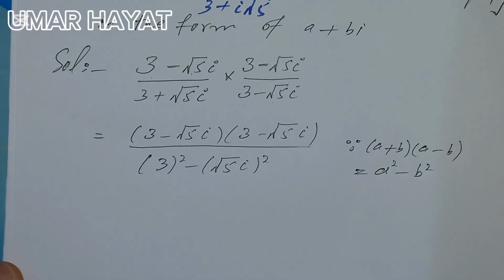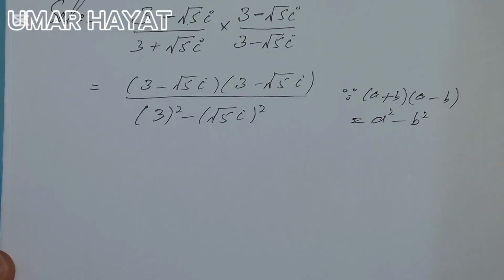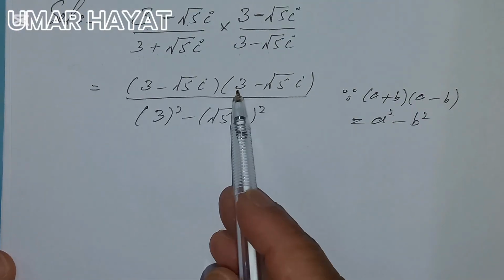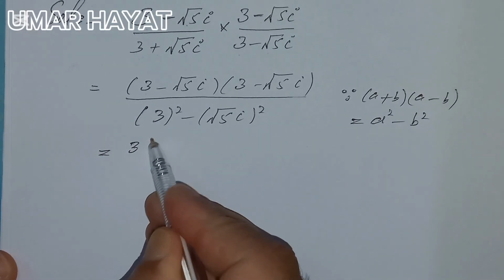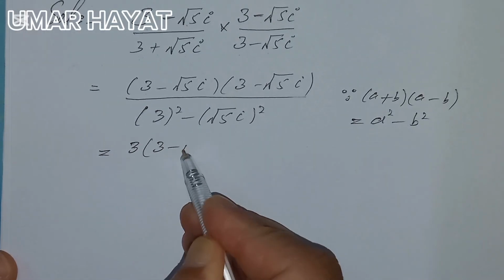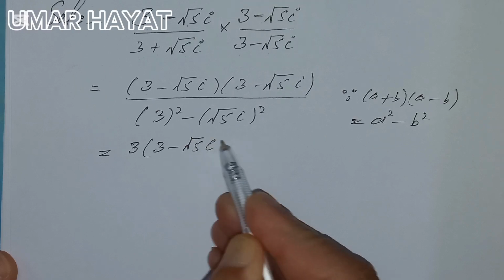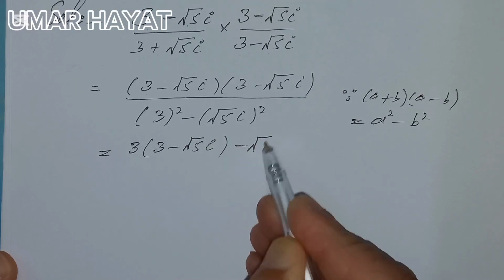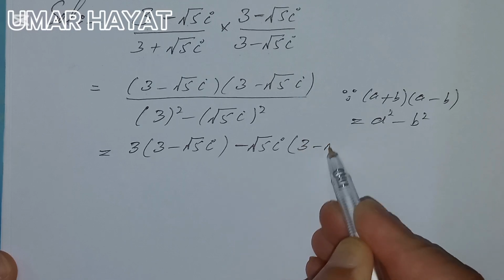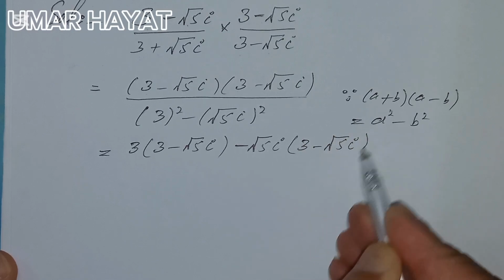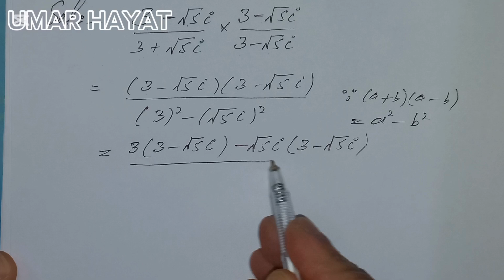Now in numerator we want to multiply this with this. First we multiply 3 with 3 minus under root 5 iota, and then minus under root 5 iota will multiply with 3 minus under root 5 iota, bracket close.